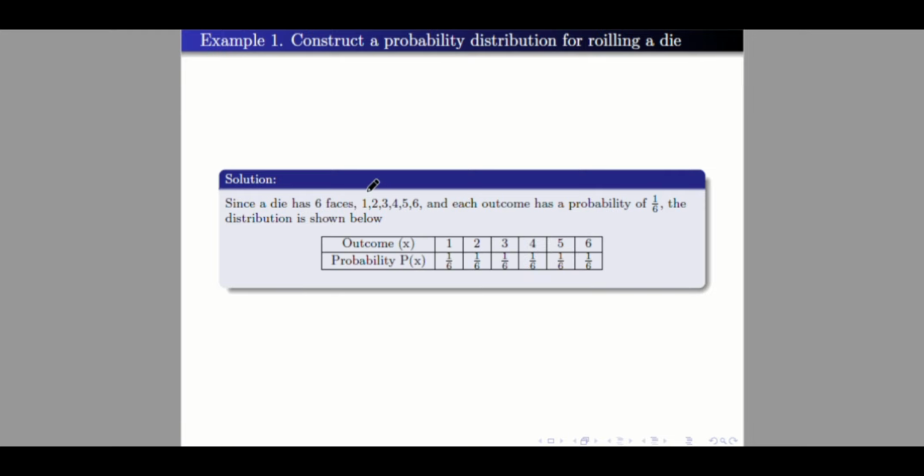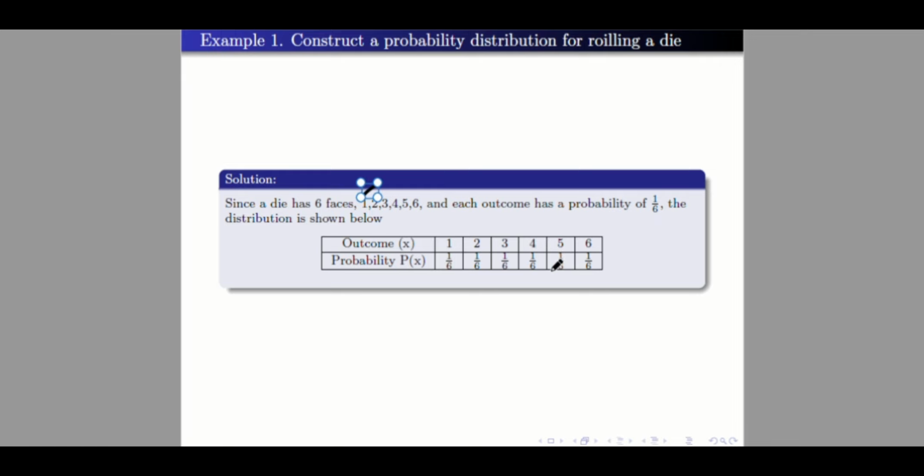Because there is only one 1, we have 1 over 6. Only one 2, so 1 over 6. Only one 3, 1 over 6. Only one 4, 1 over 6. Only one 5, 1 over 6. And only one 6, so 1 over 6.